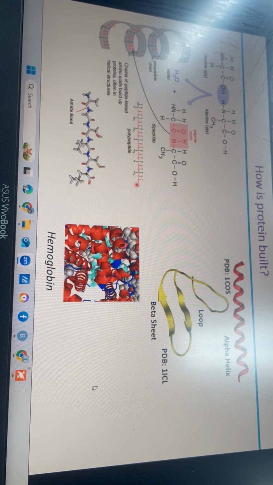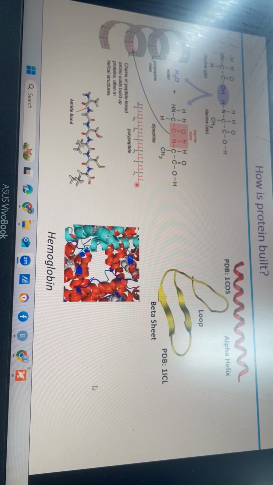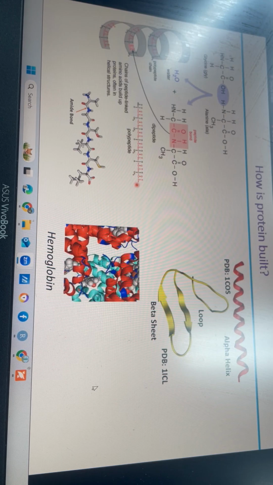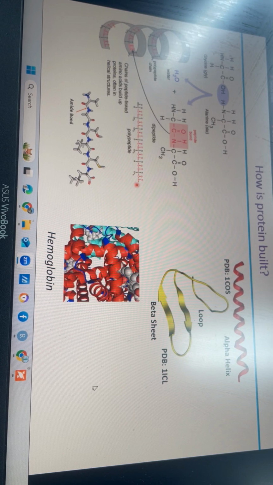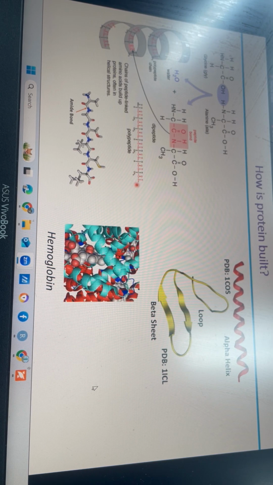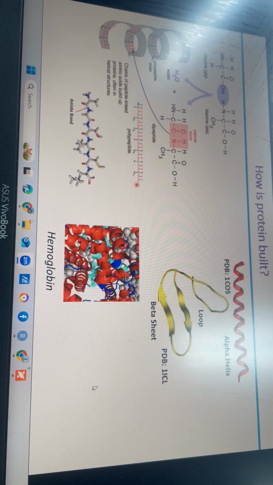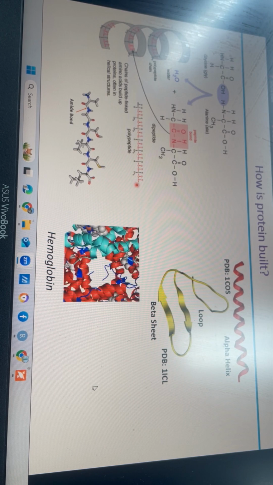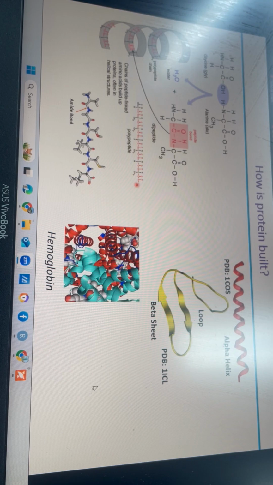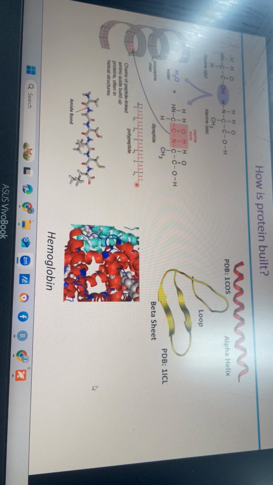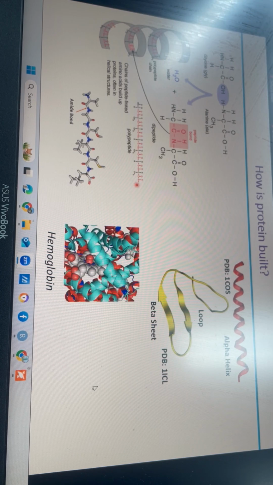That way it can form a helical form or beta sheet form. And then when these secondary structures all stick together, they can form tertiary structure. And then if you have different subunits, for example, in hemoglobin you have 4 different subunits, they join together and create the quaternary structure. But in myoglobin you have only up to a 3-dimensional structure because it has only one subunit.